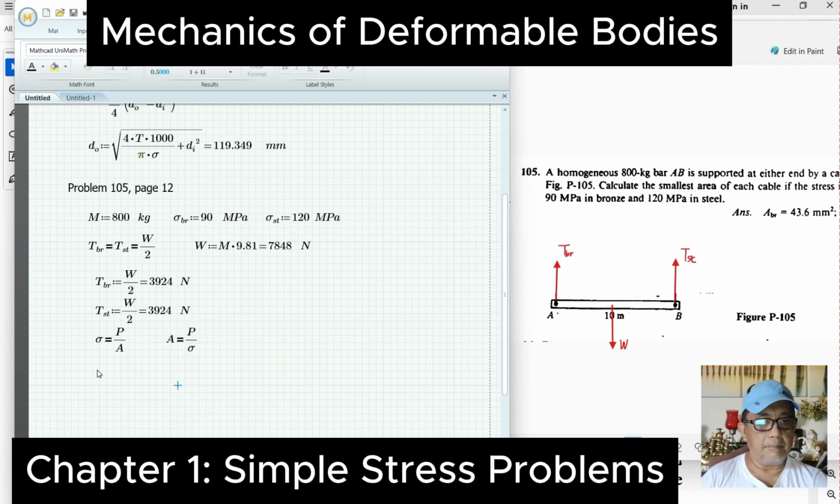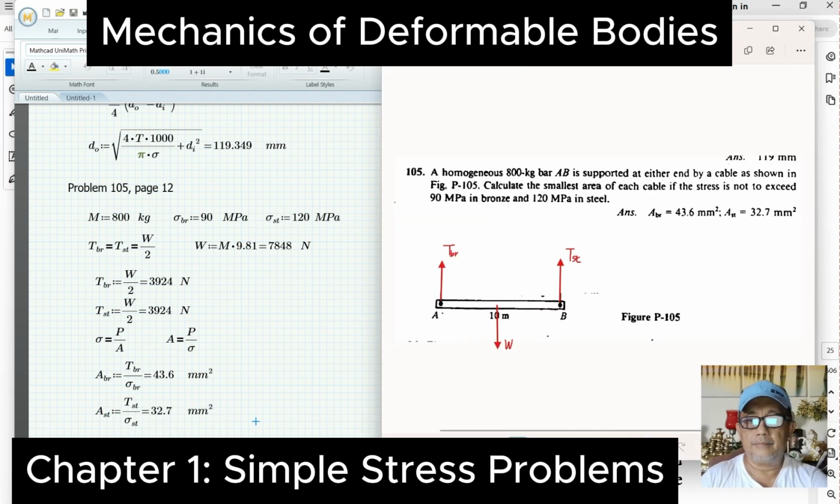So for the bronze, area subscript BR is equal to T subscript BR divided by the stress for the bronze. This is equal to 43.6. Since the force is already in newtons and the stress is in newton per square millimeter, the result is square millimeters. For steel, let's just replace the subscript with ST, and that's the area for the steel: 43.6 square millimeters for bronze and 32.7 square millimeters for steel.